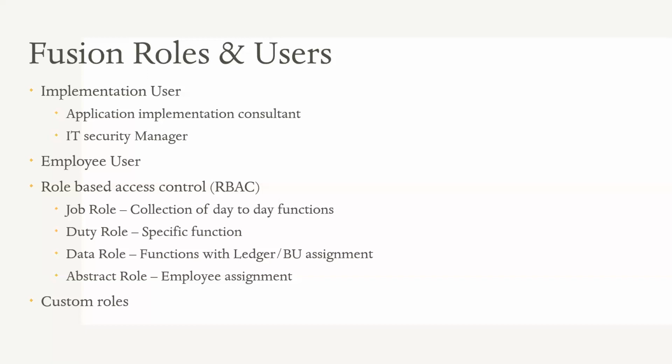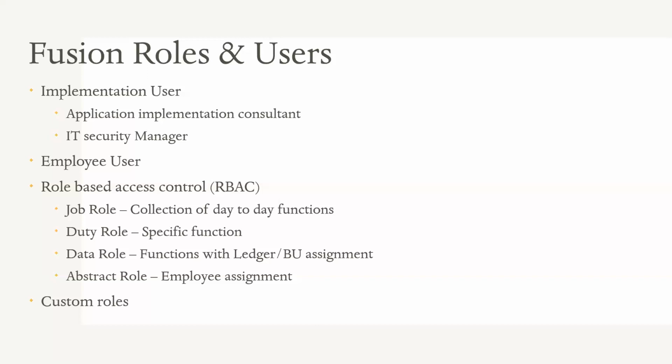And then we have users. If you take R12, a user is always a user. Based on the responsibilities assigned to me, I can do either setup or the transaction. But in Fusion application, there are basically two kinds of users: one is employee user and the other is implementation user.